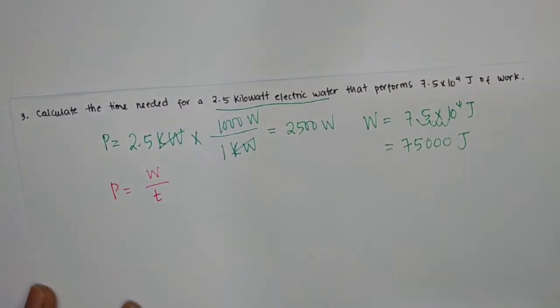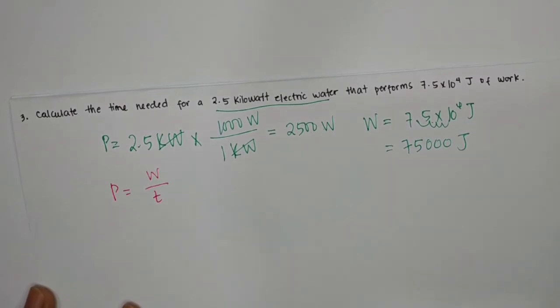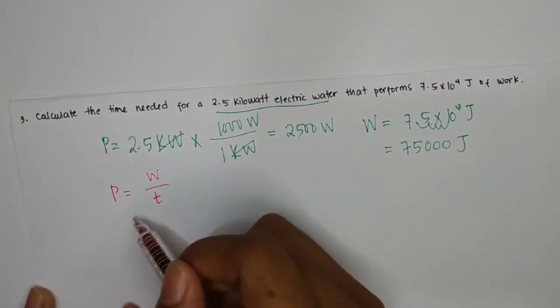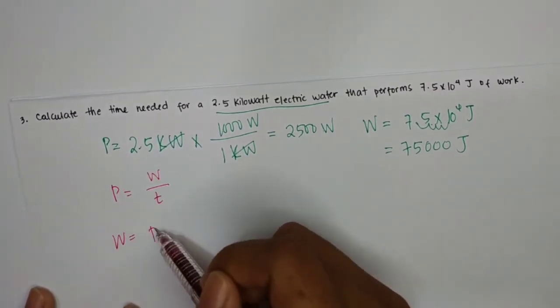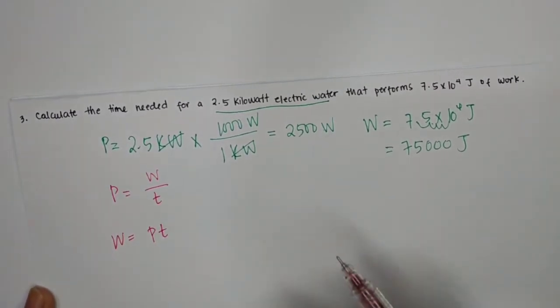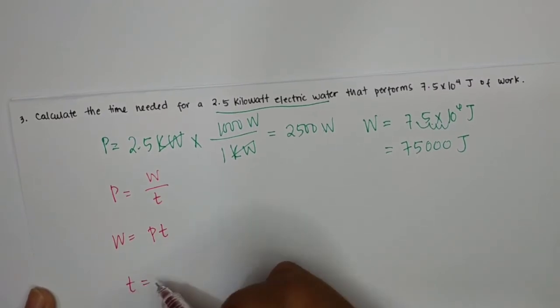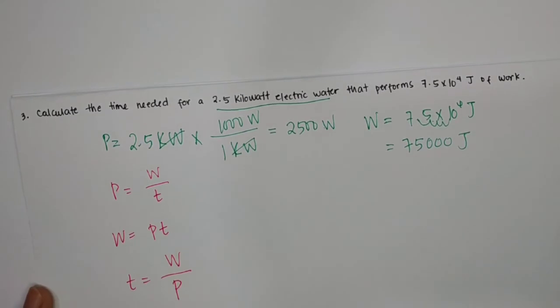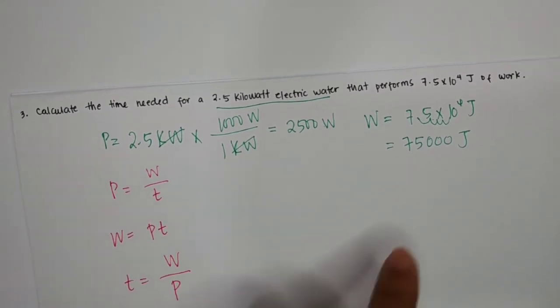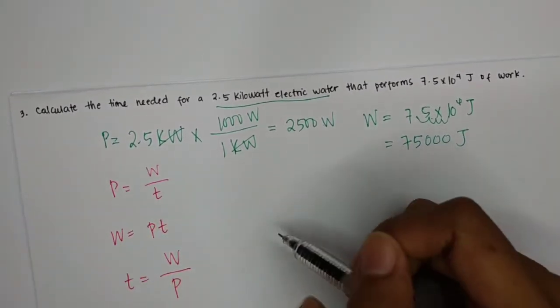Since time is the unknown, we cross multiply, so work is equal to P times T. Then our time will be work over power. So we divide our work done by our power.